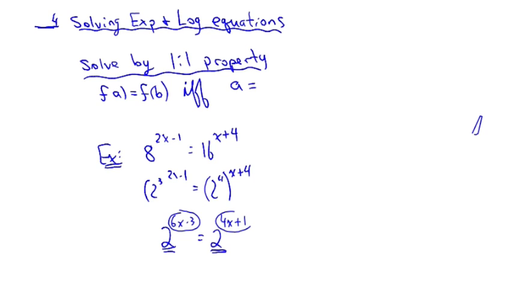A lot of people think you're canceling the 2's out, but that's not what's happening. Basically, you're just saying if the y values are equal, their domains are equal also. So this just implies that 6x minus 3 is equal to 4x plus 16. And it becomes a nice, easy, linear equation. We'll say that 2x is equal to 19, x is equal to 19 halves.